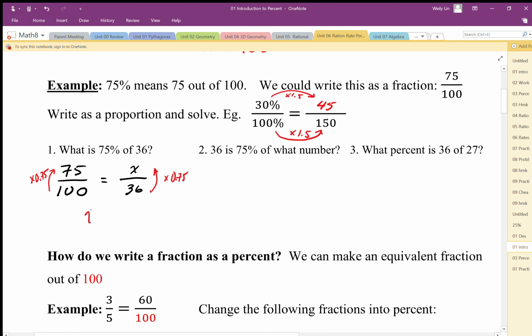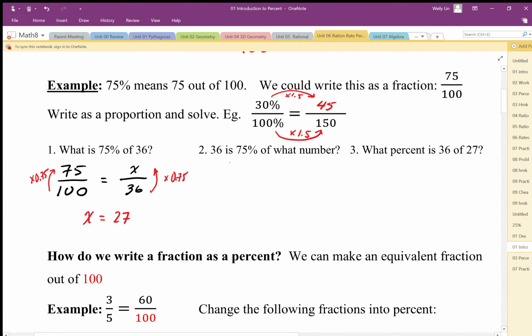So as I multiply 36 by 75%, I'm going to end up with 27. So 27 out of 36 is the same as 75 out of 100. So 27 out of 36 represents 75%.